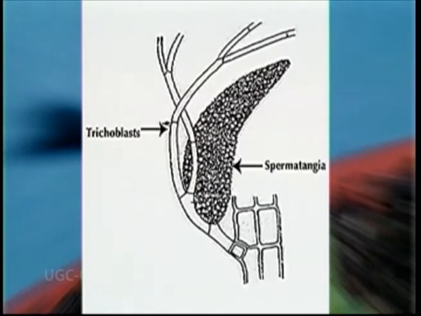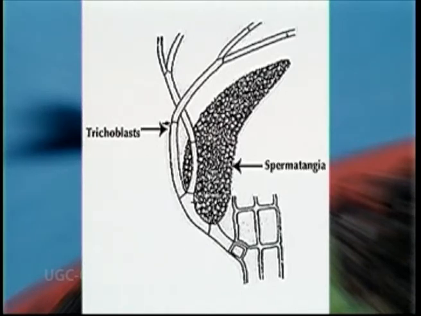Spermatangia are borne in dense clusters and are closely packed on a male trichoblast near the apices of the male plant. The male trichoblast usually consists of two basal cells constituting the stalk. The stalk usually forks into two branches.